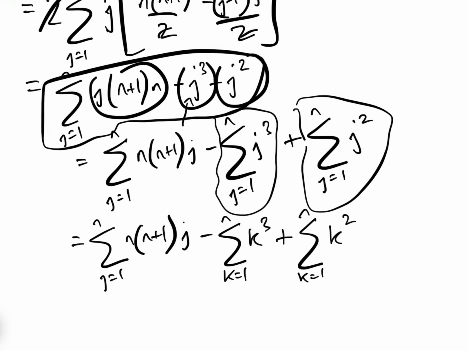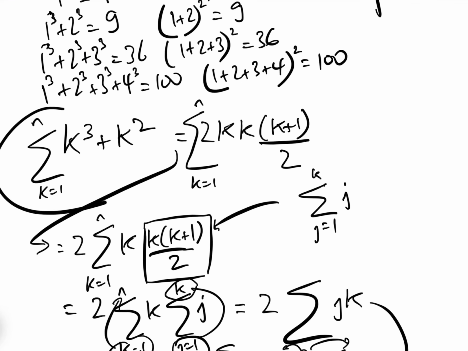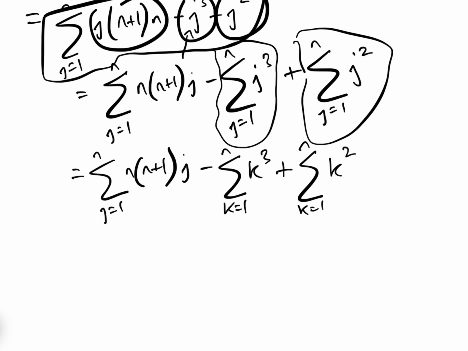Now, if we go all the way back to where we started, what is it that it actually equals? Well, it equals this. It equals the sum from k equals 1 to n of k cubed add k squared. So this thing here actually equals the sum from k equals 1 to n of k cubed add the sum from k equals 1 to n of k squared.